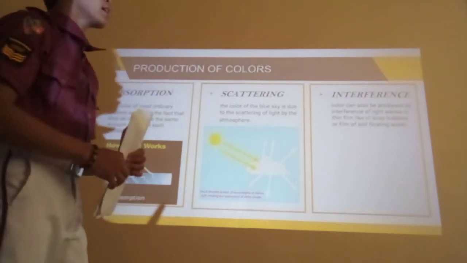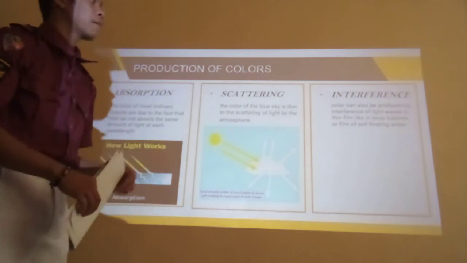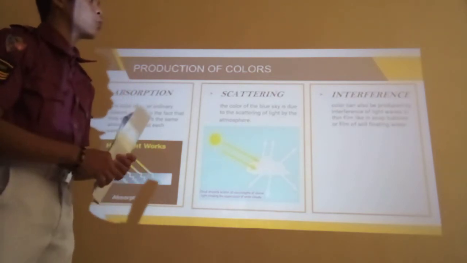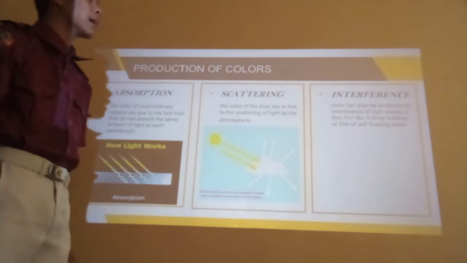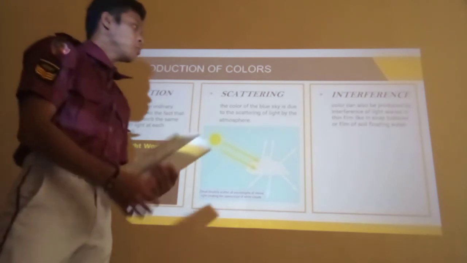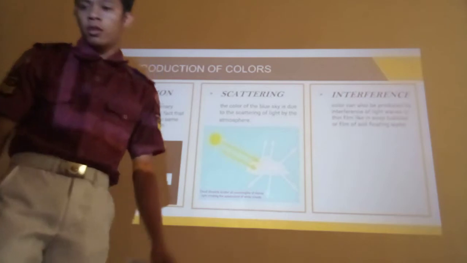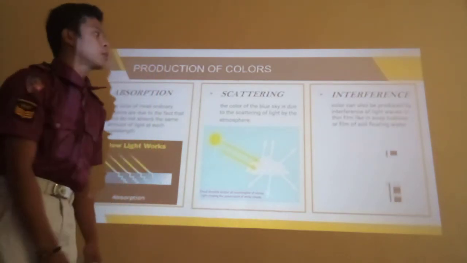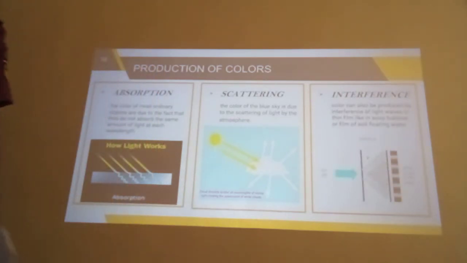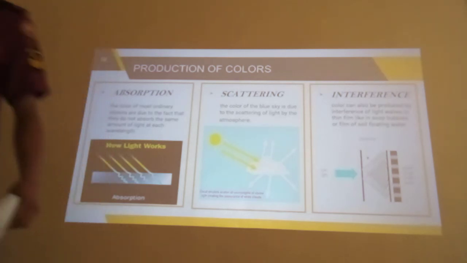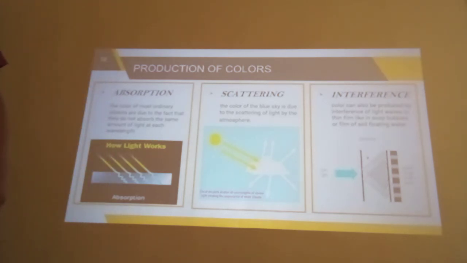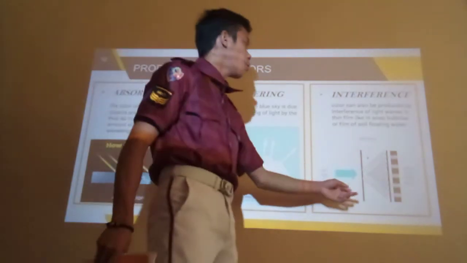A color can also be produced by interference of light waves in thin films, like in soap bubbles or a film of oil floating on water. I have here an example of interference.